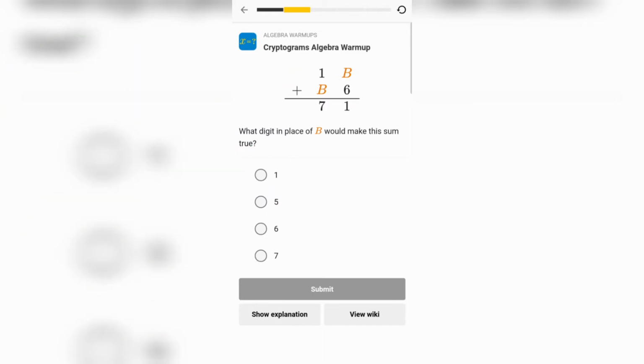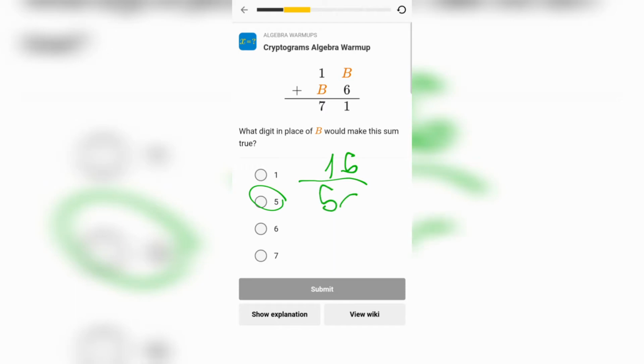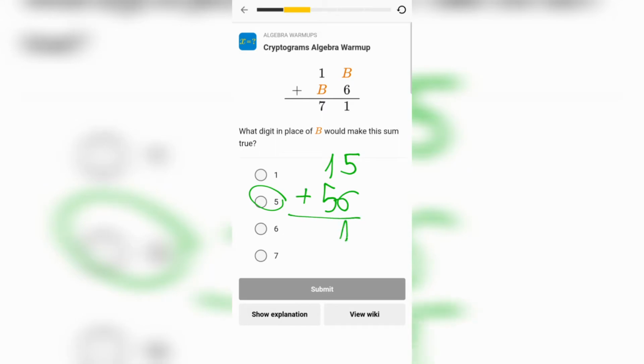There might be other approaches, but this is kind of like a hack. If we use 5, we have 15 plus 56, and we have 71, which is our correct answer.